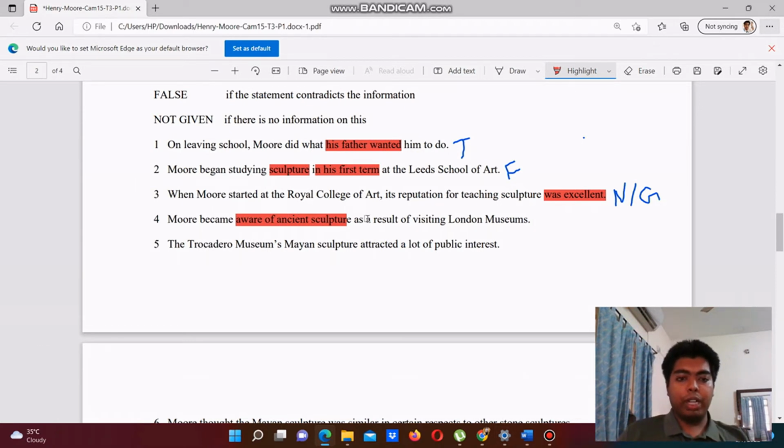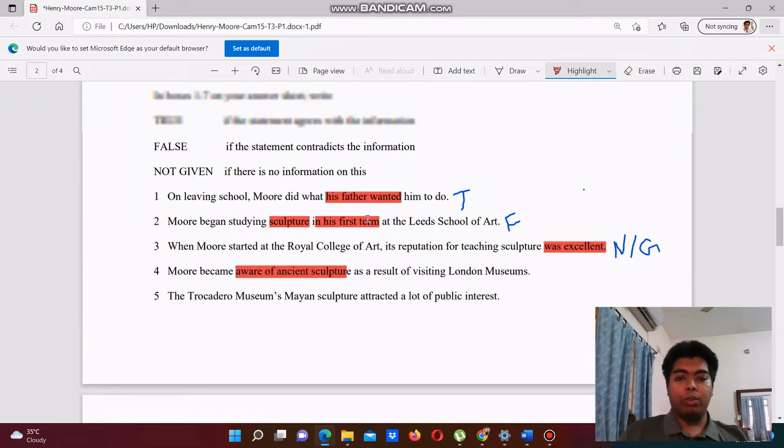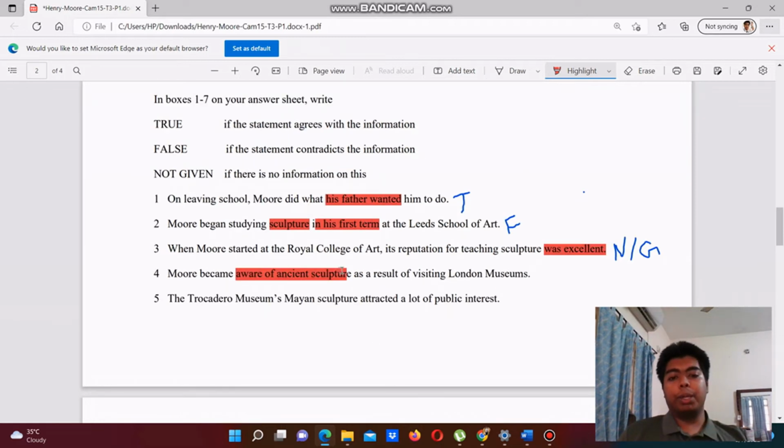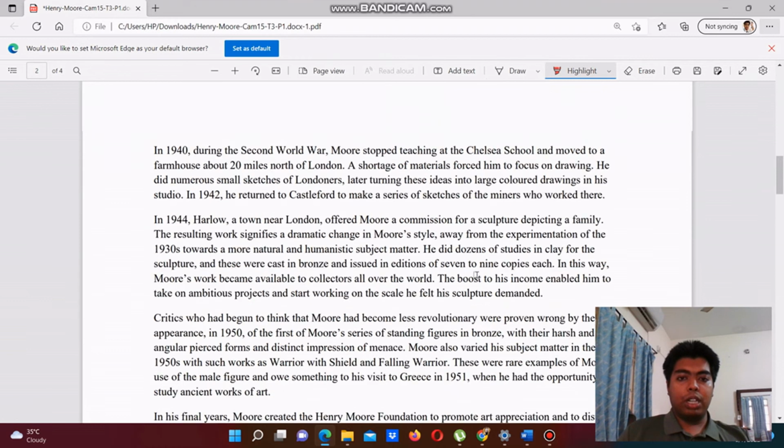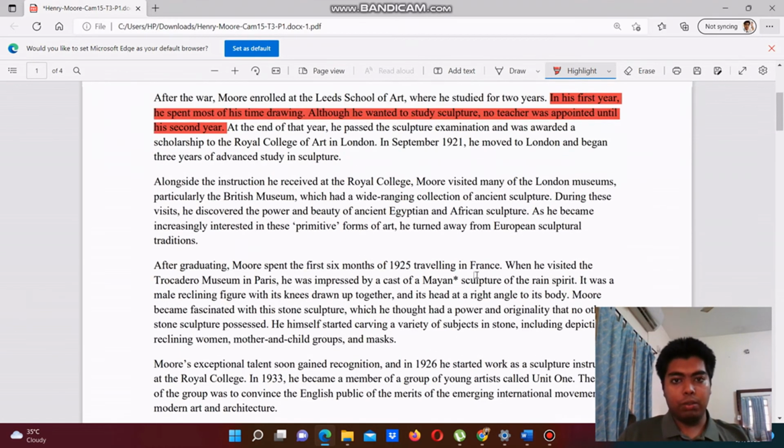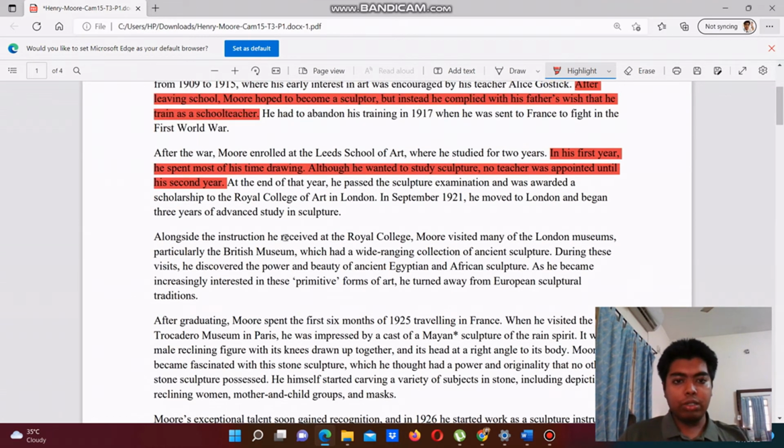So we can go back to our passage and search for London museums, because London museums will be our keyword. Alongside the instruction he received at the Royal College, Moore visited many of the London museums, particularly the British Museum, which had a wide-ranging collection of ancient sculpture.